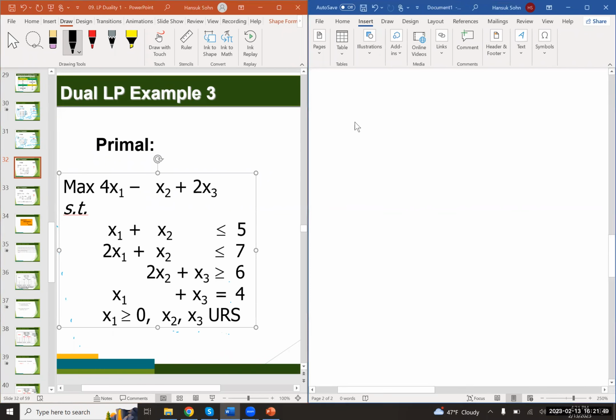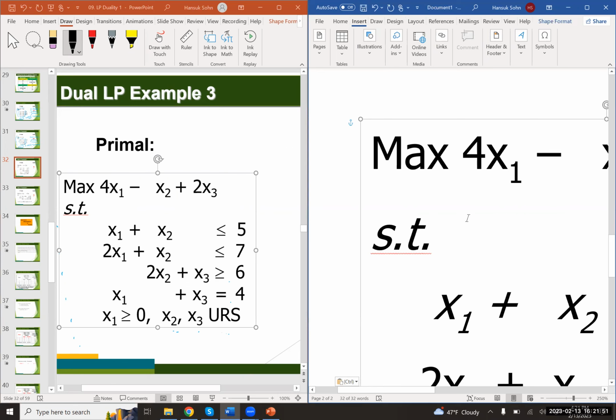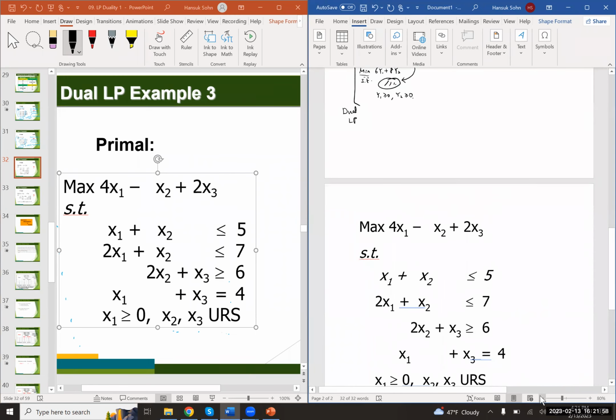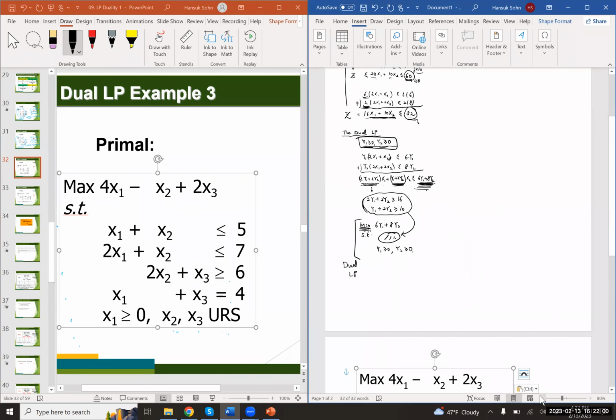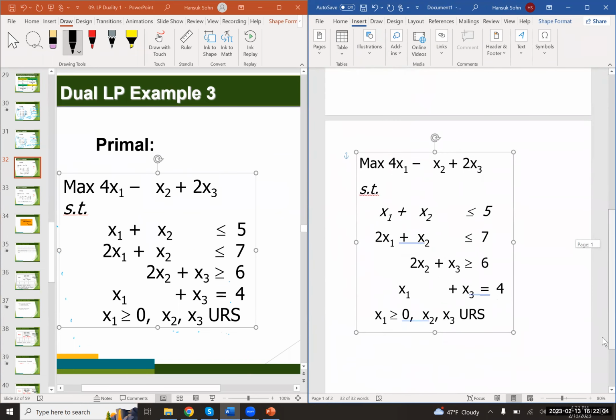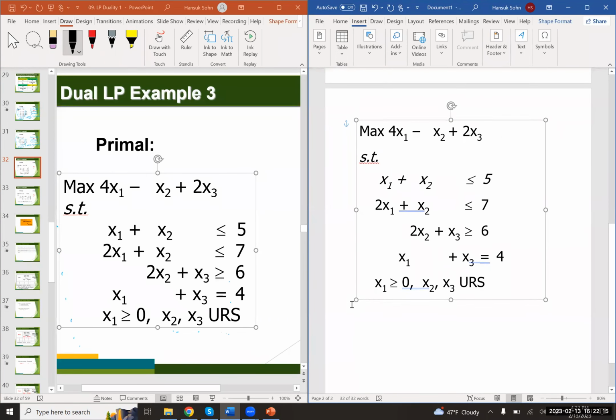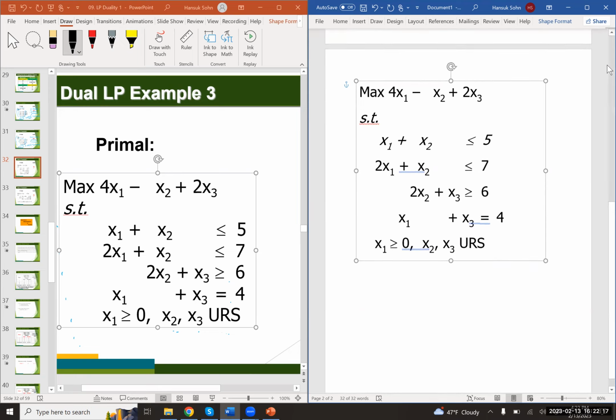And paste here. Okay. Is the font size okay? Let me see if I can. Oh, I cannot do that. Okay, so let me.